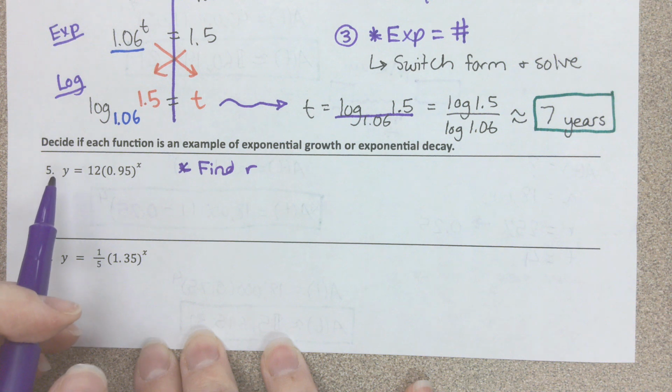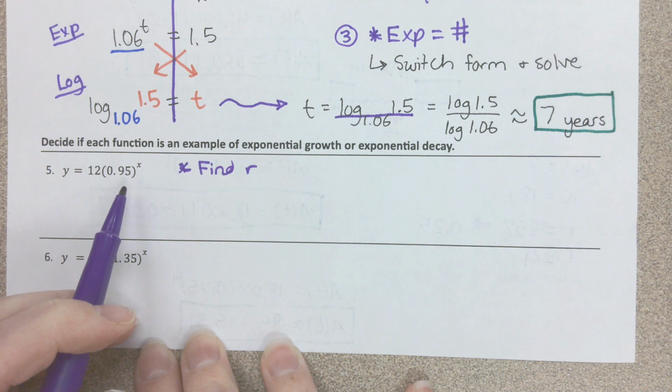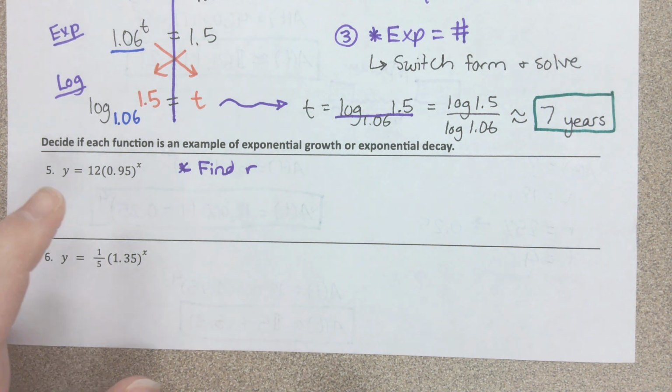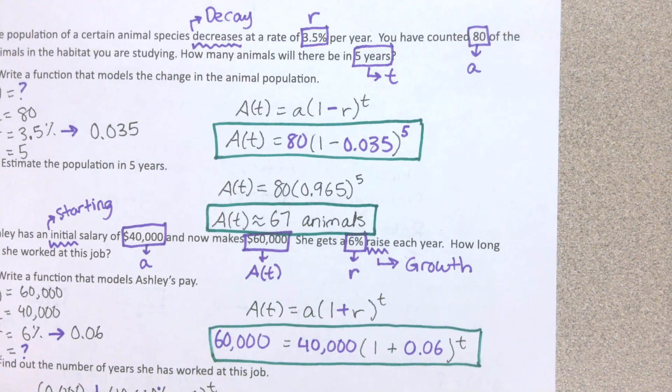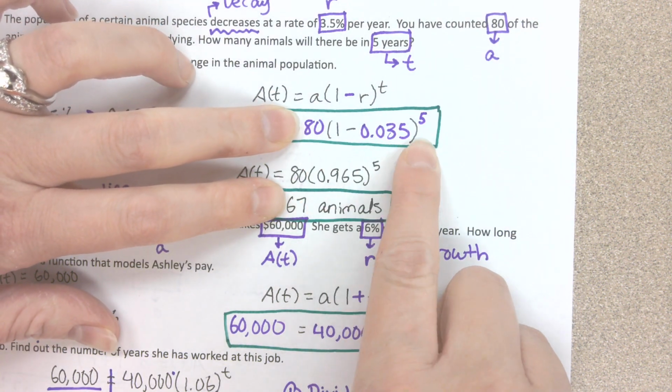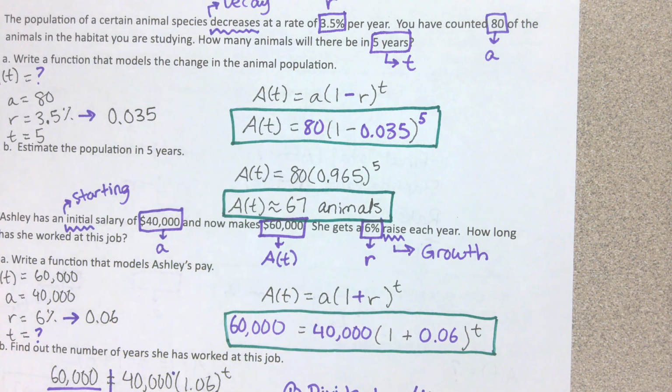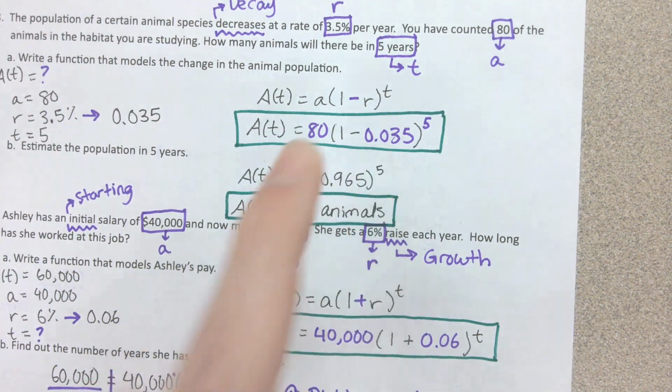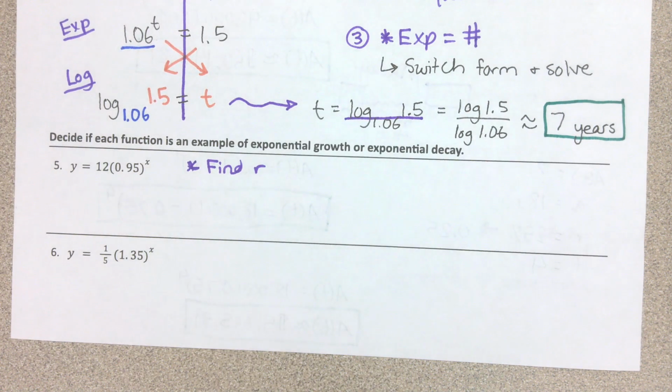Number 5, y equals 12 times 0.95 to the x power. Now this guy here is like this here, where we have the already condensed number. We don't have the original, so if we had this, we could tell automatically, but that's not what we have. So let's figure out what that was initially.